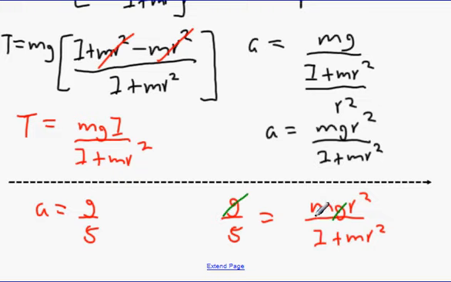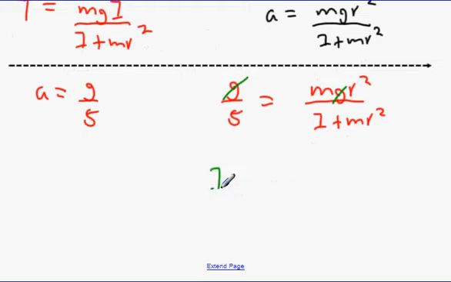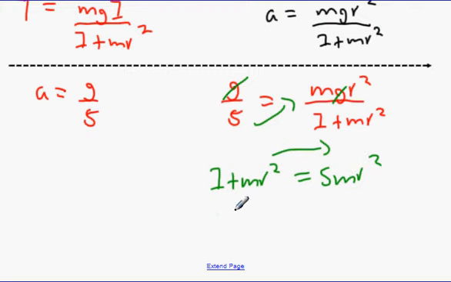It might be a good idea to isolate I, because I at the end of the day is the inertia, and inertia links back to the mass. So let's isolate I. Cross multiply: I plus m r squared, multiplied up by 5, equals 5 m r squared. Bring the m r squared over to the other side, I equals 4 m r squared.